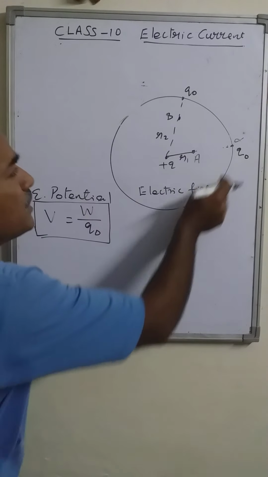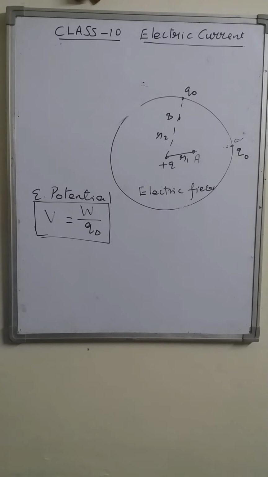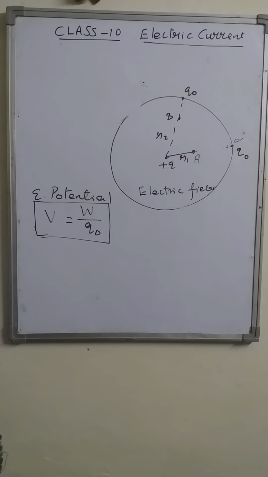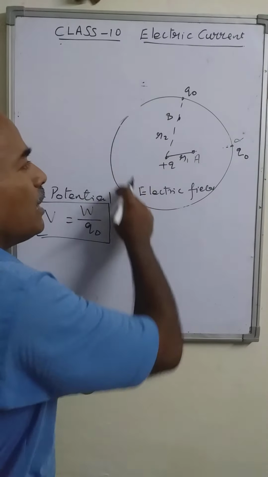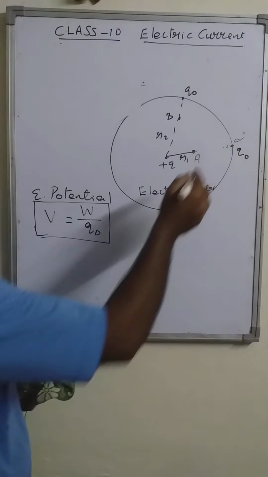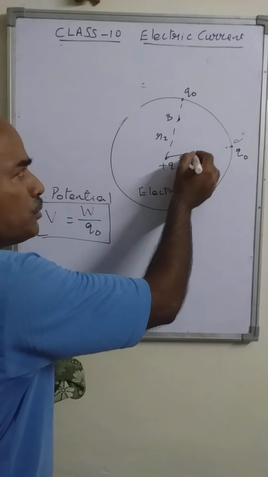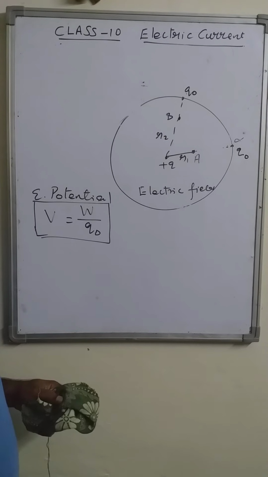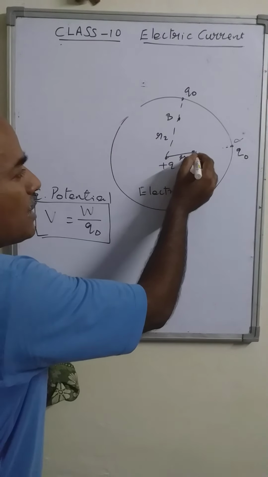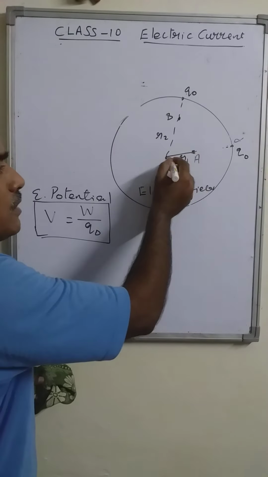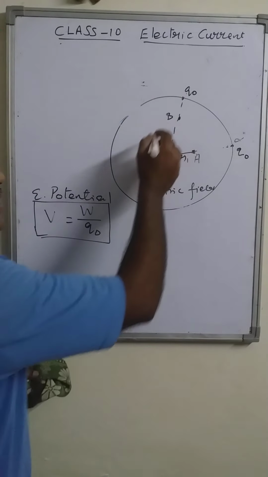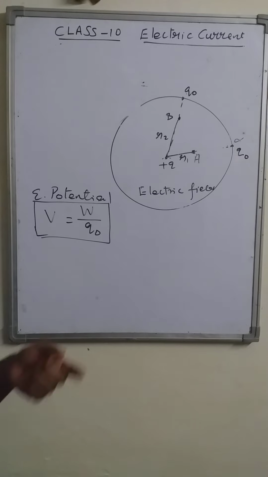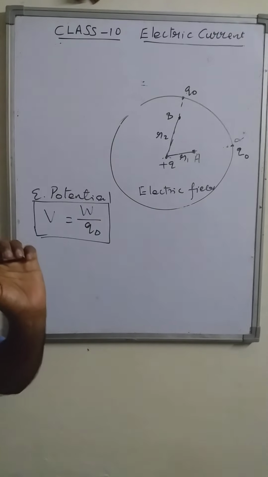All the points on the circumference of the circle, or in three dimensions the surface of a sphere, are at infinity. We move from infinity to this point and to that point, and finally the charge is placed at various distances, R1 and R2.